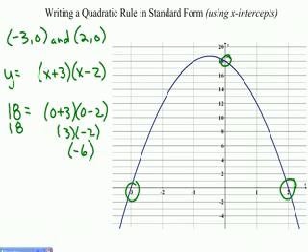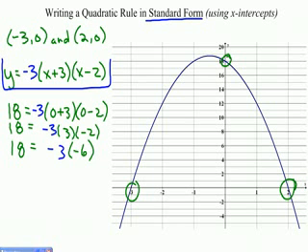Well, I need to get 18. So that means I must need to multiply by a negative 3 out front. Alright, and actually that'll work, and they want it in standard form, so I have a little bit more work to do.